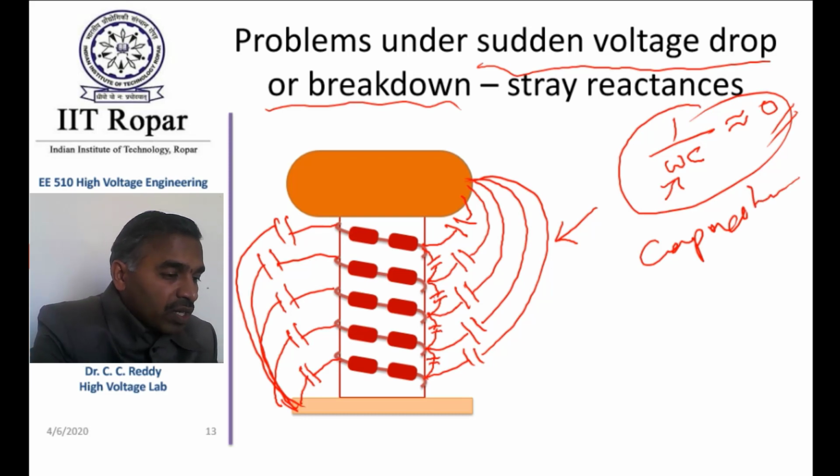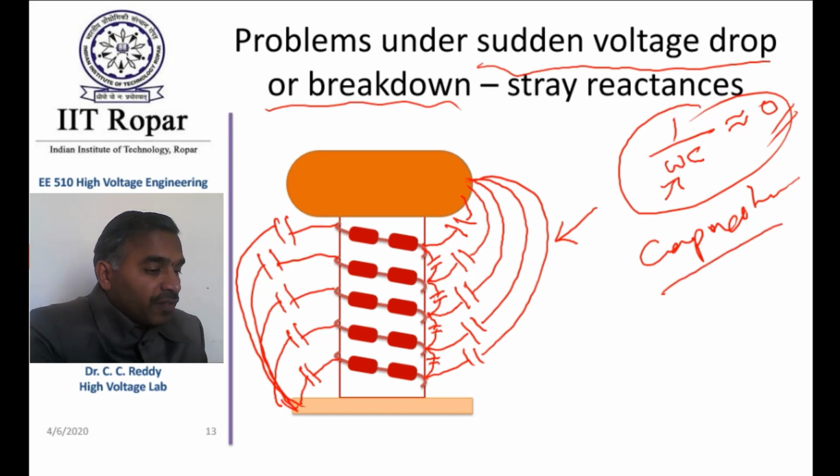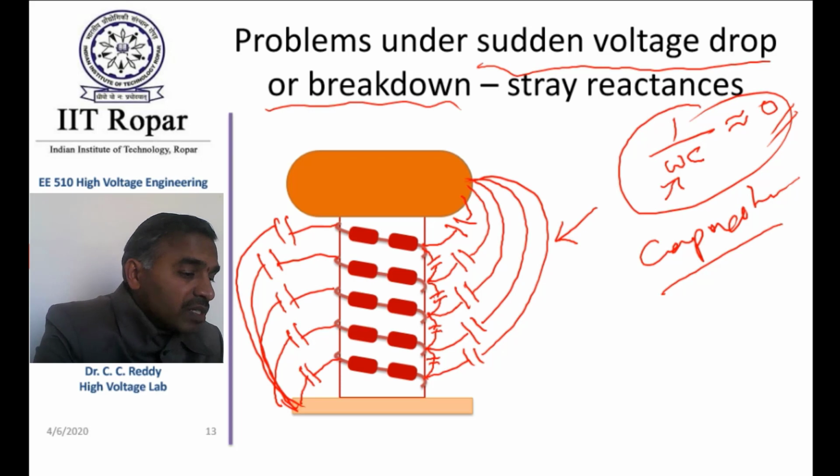See, in high voltage testing, sometimes breakdown may definitely occur. So whenever breakdown occurs, this problem will be there. The distribution of voltage will be capacitive. Now what is the problem if the distribution is capacitive? If the distribution is capacitive, you see the capacitances are not the same. Although I have drawn parallel lines like this, the capacitances are not the same because the height above the ground is not the same in this case.